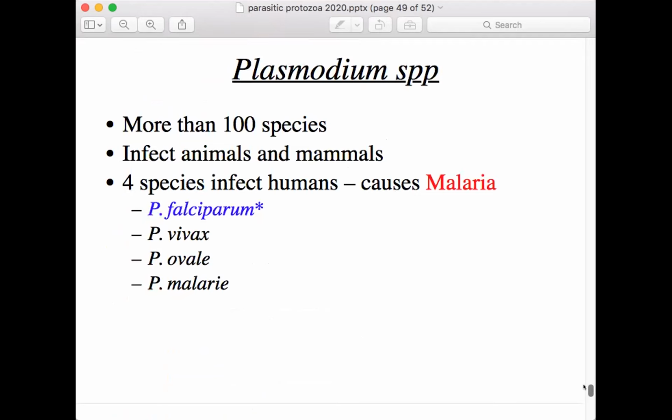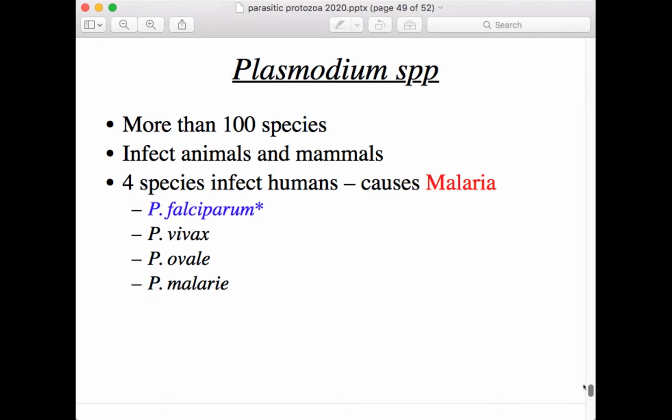There are more than 100 species of Plasmodium. They can infect both humans and animals, mammals, but 4 of these species in particular infect humans, and they cause malaria. Jot these down. You're going to explore them a little bit more tonight, okay?